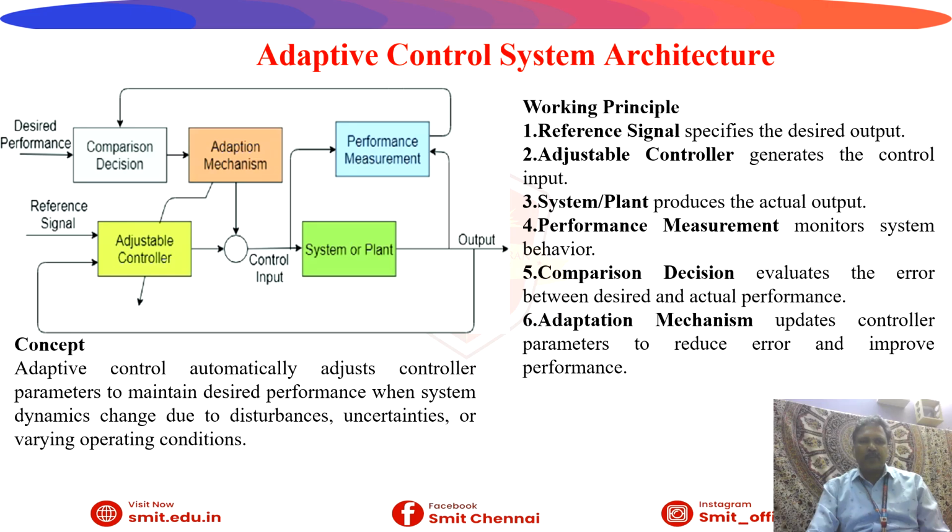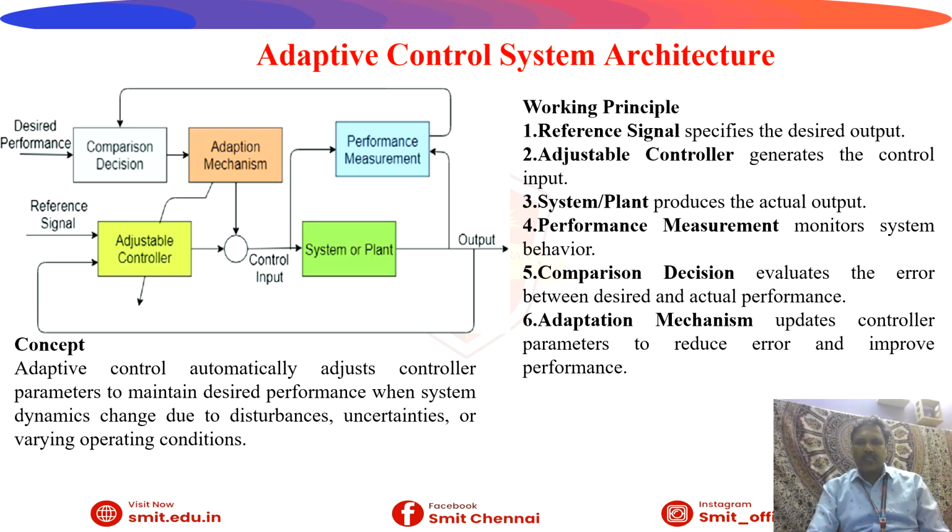Here we can see the desired performance, comparison decision, adaptation mechanism, performance measurement, then the system or plant, and the adjustable controller. The loop is followed like this: the desired performance, then the adaptation mechanism, again going to the adjustable controller, then the control input, system or plant, and finally the output.